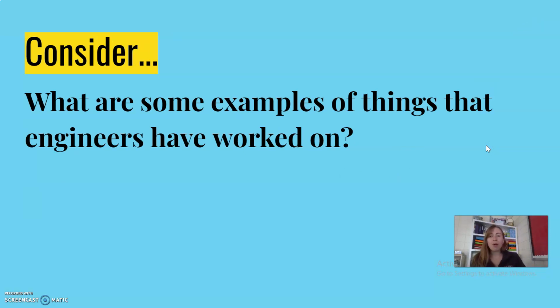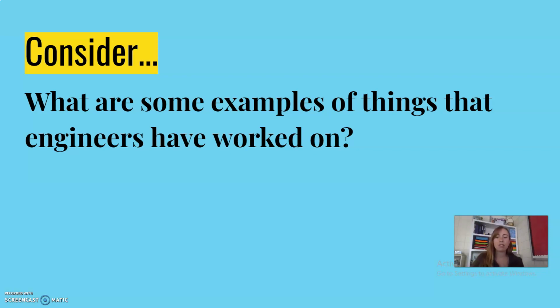Think about for a minute, what are some examples of things that engineers have worked on? Try and come up with 3. All right, so you can look around the room that you're in or out your window, and you can very easily find 3 things. Most things that are human-made are engineered in some ways, some more than others.